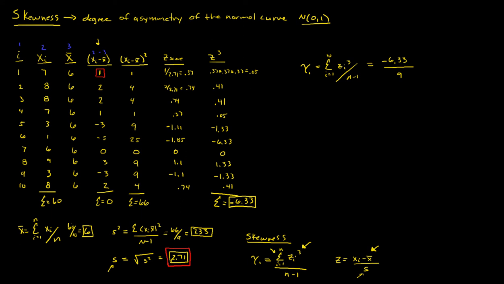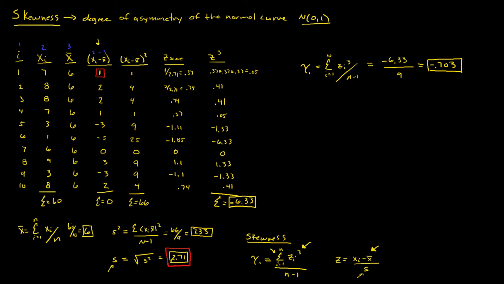And so if we divide by 9 here, we will get negative 0.703. Negative 0.703. And that is the mathematical piece of being able to calculate skewness.